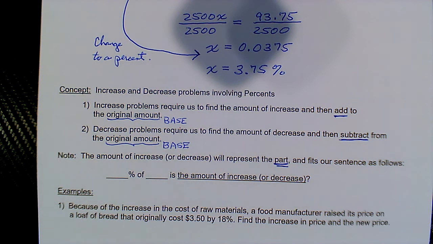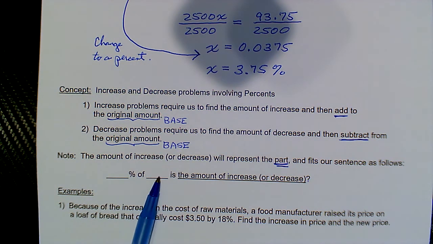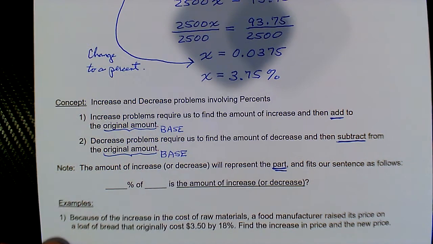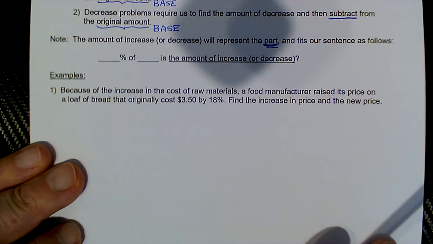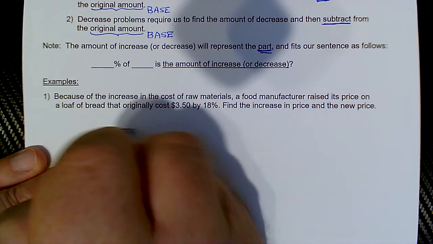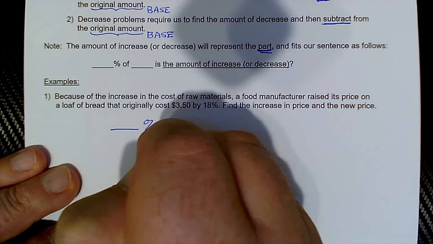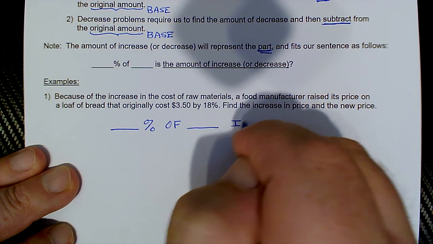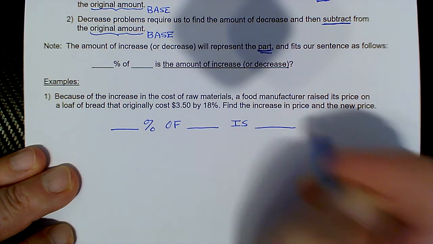So that makes these problems even easier, because our sentence is always going to be blank percent of blank is what we're looking for, the amount of increase or decrease. So we'll start the same way. You can see it's a percent problem. So we'll write blank percent of blank is blank.